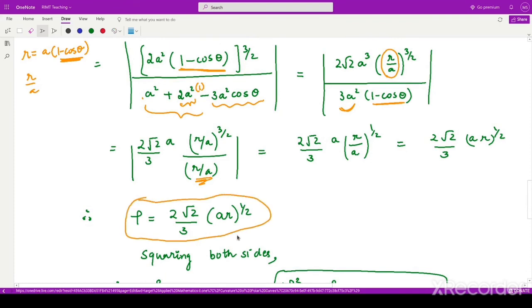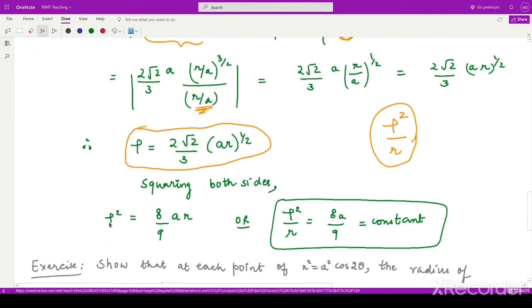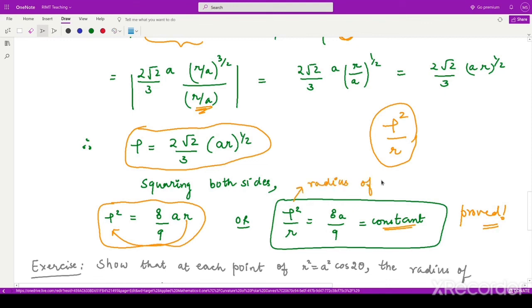So what you can do is square both sides, because we were looking for this rho square by r term, so we have to calculate its value. We square both sides, and you can shift this r to the left hand side. So this is equal to 8a upon 9, which is a constant quantity. This is what we intended to show. So we have proved what was asked in the question using this radius of curvature for polar curves.